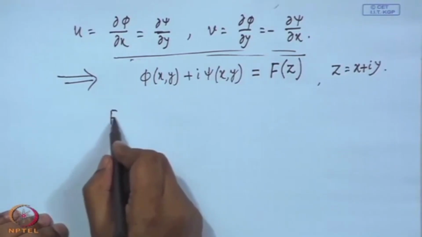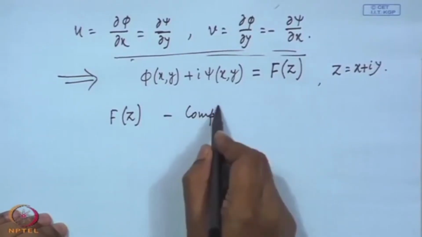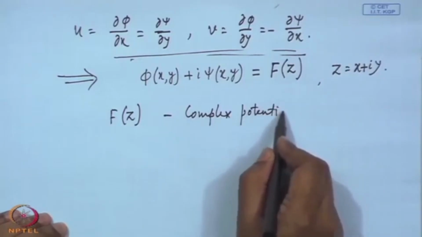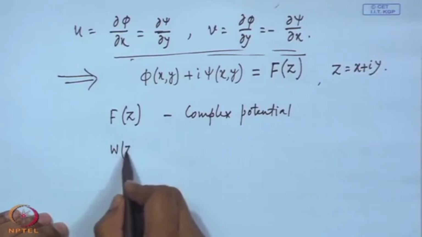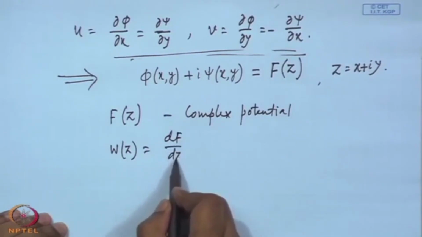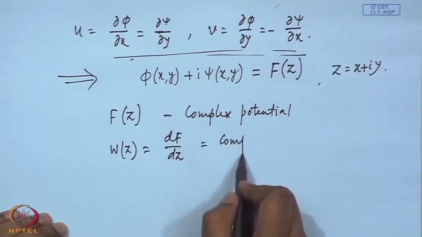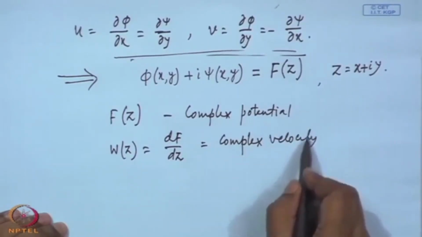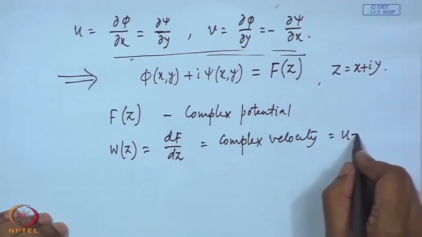Remember, even though we call it complex velocity, it is not u plus i v, it is rather u minus i v.